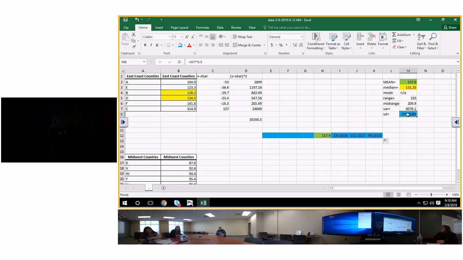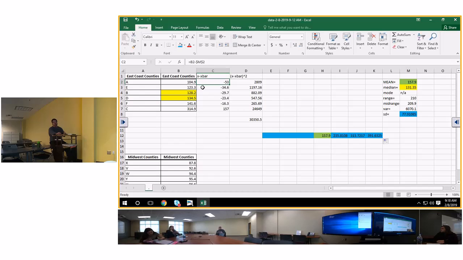Just like when I did x minus x bar, if I copy that down and I don't lock mean, it's going to do 123 minus 131, and it's going to do 128 minus NA, and you'll get an error. 134 minus 210, 141 minus 209, and so on. So you have to lock it. Okay. So equals this minus the mean, and again you got to lock it.